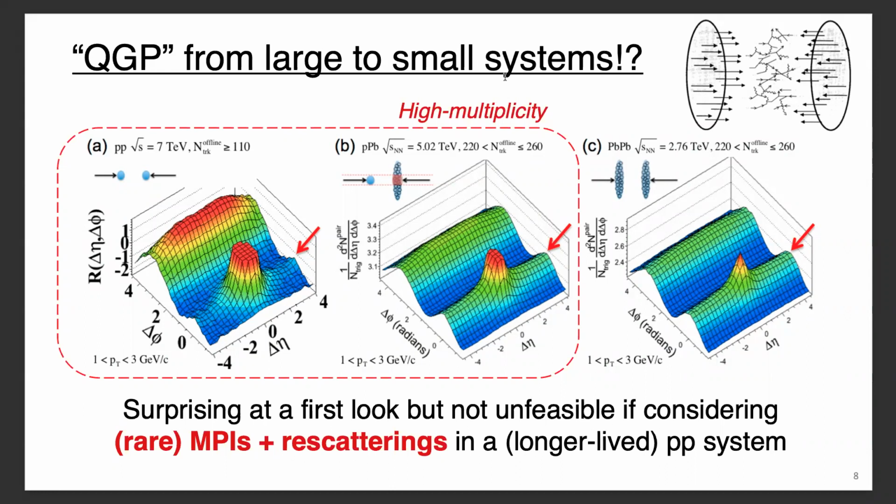There's no absolute scale here. You can call this 10 Fermi, 1 Fermi, right? And so in proton-proton collisions, you could try to increase the lifetime of the system by increasing density.